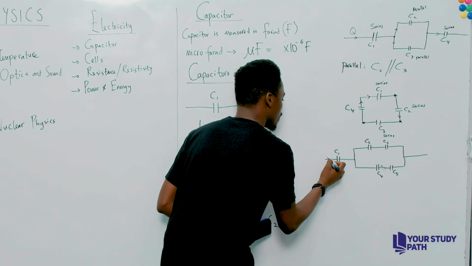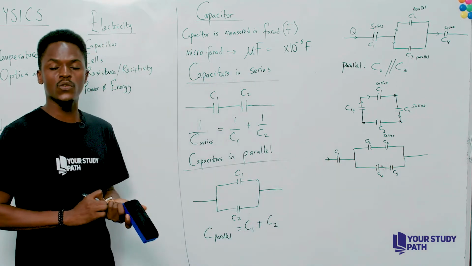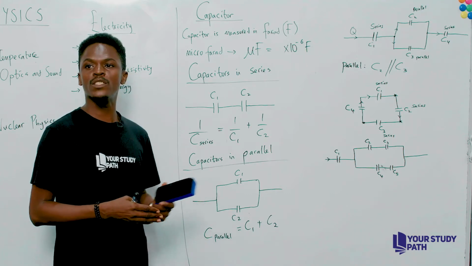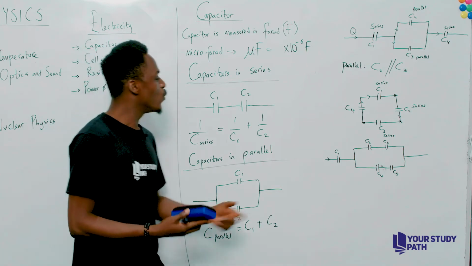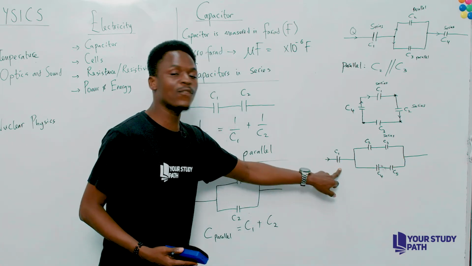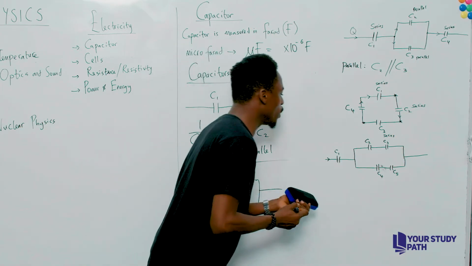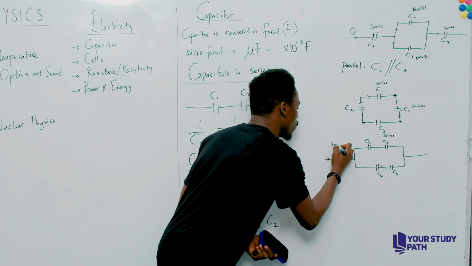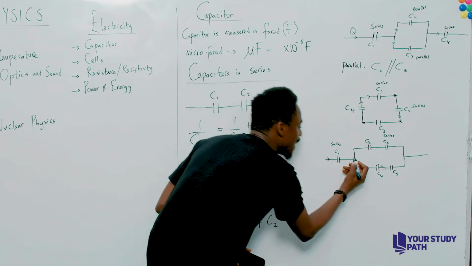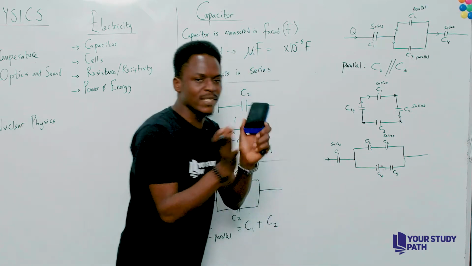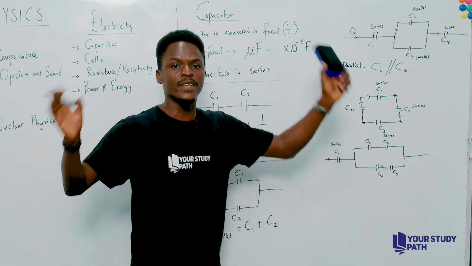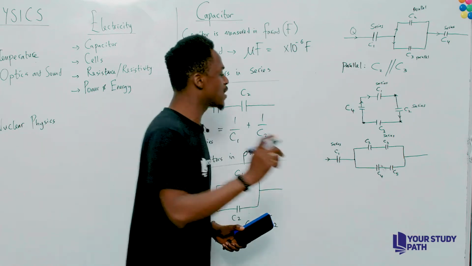Given a circuit this way, let's figure out which are in series and which are in parallel. When the charge is flowing, it first flows through C1, a series connection. It gets to this point and splits up. The moment you have a splitting up, that means a parallel connection exists.